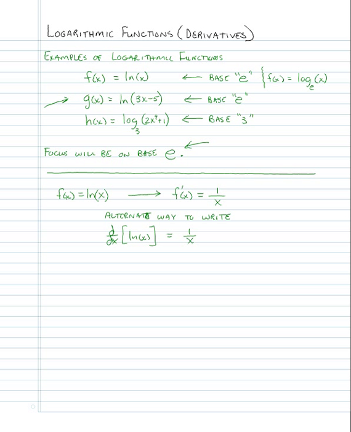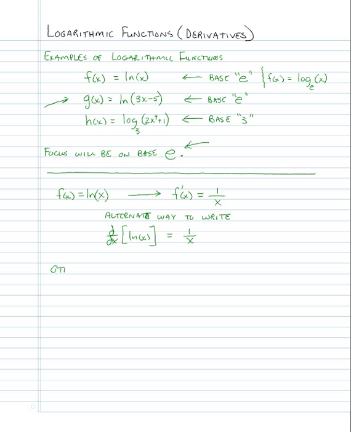Now, that's not going to be very interesting, quite frankly. That takes care of the function f of x above, but it wouldn't take care of g of x, would it? Because this just tells us how we take the derivative of natural log of x. It doesn't say anything about natural log of 3x minus 5.